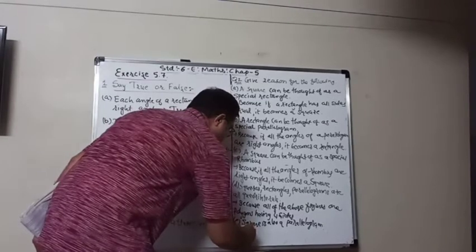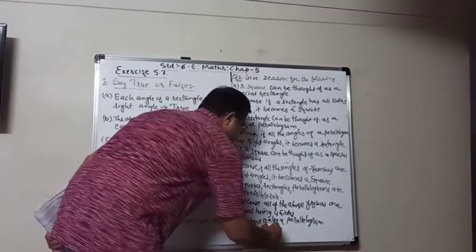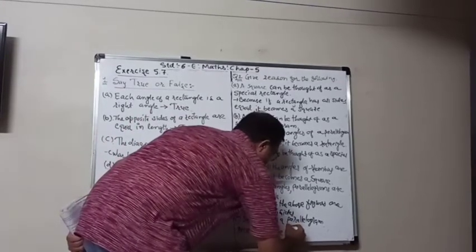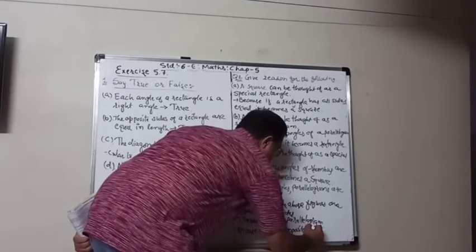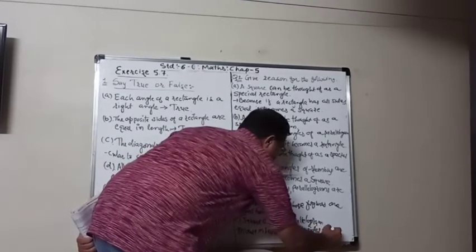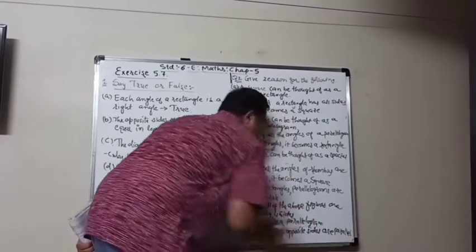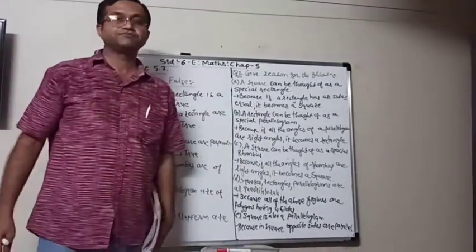So you can write that, because in a square opposite sides are parallel, therefore it is also known as a parallelogram.